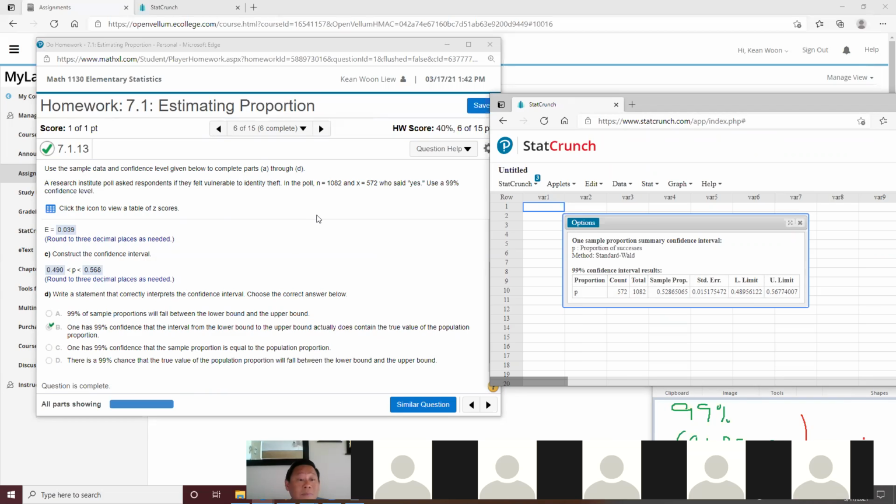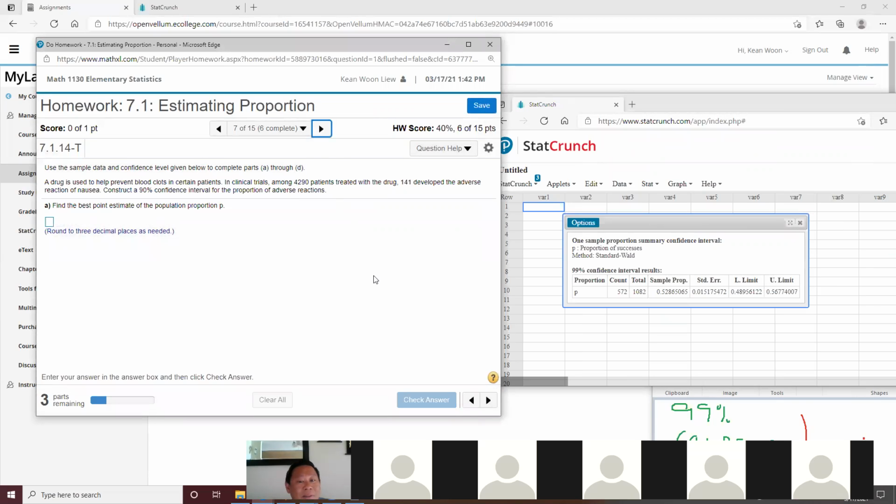Very important. Right, you do question number 7. They are the same type. Find the best point estimate in this case.